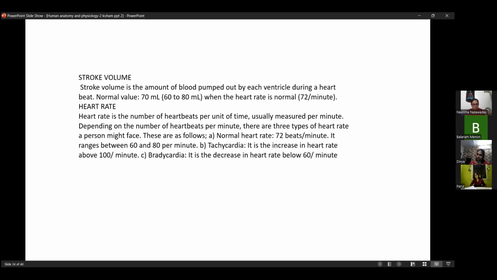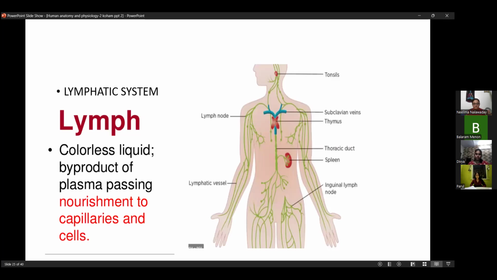Okay, so this is about circulation, components of circulatory system. Last component is lymphatic, lymph or lymphatic system. Lymph is colorless liquid. It is byproduct of plasma passing nourishment to capillaries and cells.